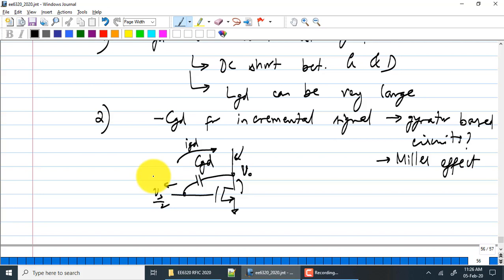How would you do that? I want to use positive capacitances only, no negative capacitance. So please note that if I were somehow able to add a CGD but connect this to minus VO, what will happen? This current will now flow from here instead of flowing from Vs by 2. So this will go to 0.